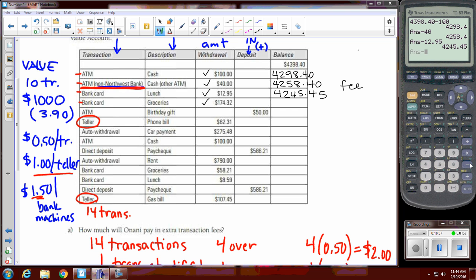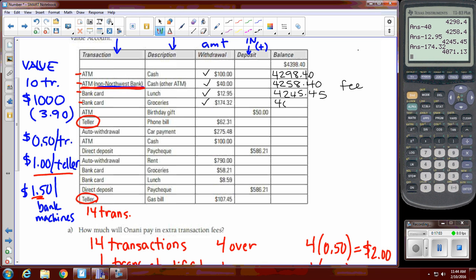So I subtract the 174.32, and that means he's at $4,071.13. And now it's saying the ATM, he's depositing, he's putting money in. He got a birthday gift of $50. So in here, we add $50. So his account now goes up to $4,121.13. So a deposit goes in, a withdrawal goes out.